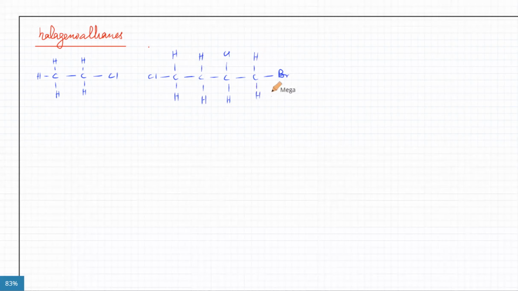Now I'll quickly first do the reactions, like what reactions are they involved in? And what are the properties? So halogenoalkanes, first thing, are polar compounds. You've got a slightly positive carbon and a slightly negative Cl. So they've got a dipole.